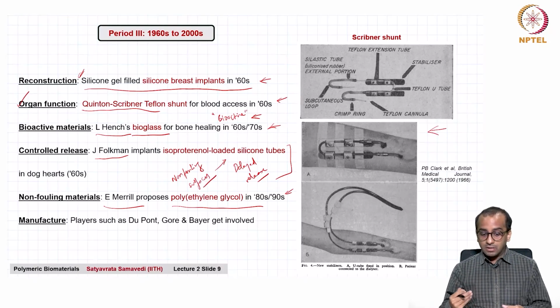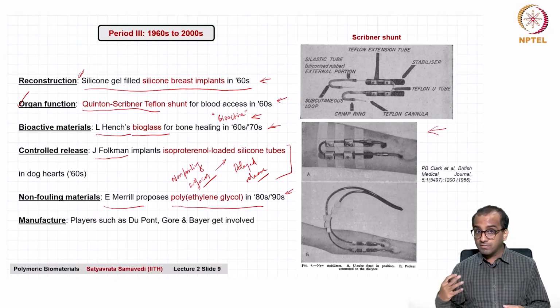Why that happens, how the structure of polyethylene glycol does that, what architecture we will need to achieve that, what are the thermodynamic considerations that are involved in this specific property, all these things we will look at in far more detail in subsequent and later lectures.